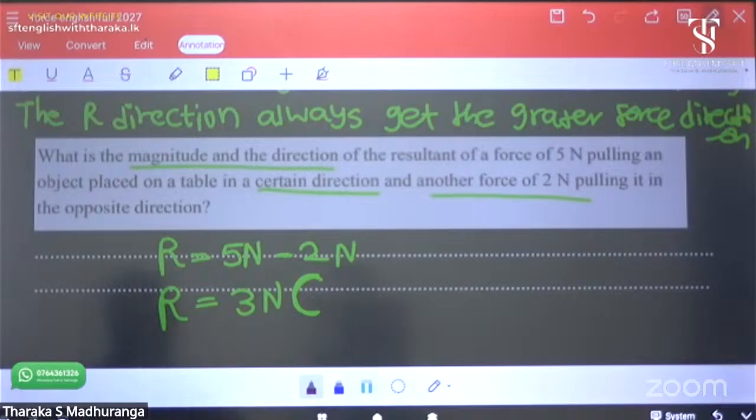How can we explain the direction of the force? No need for tan ratios.